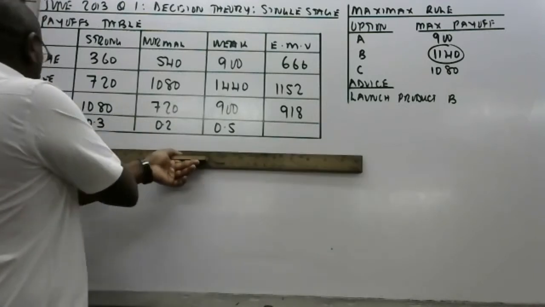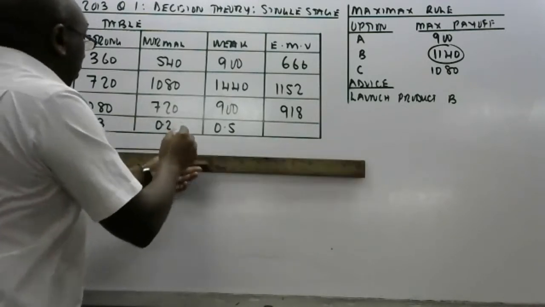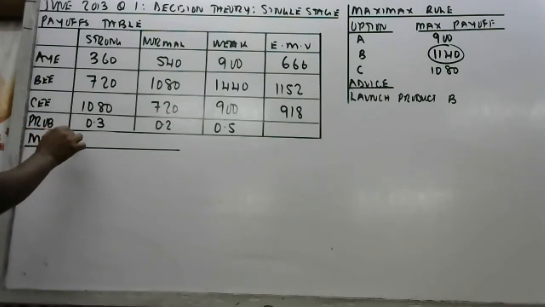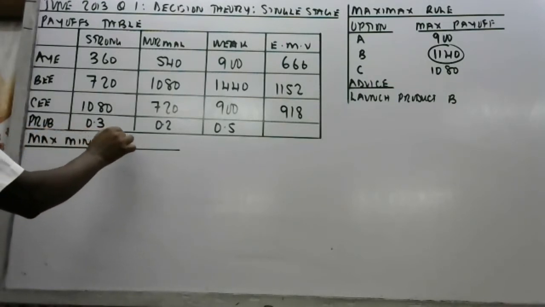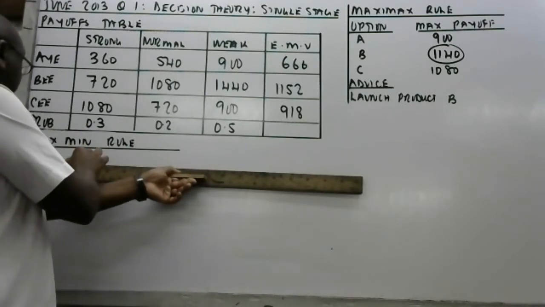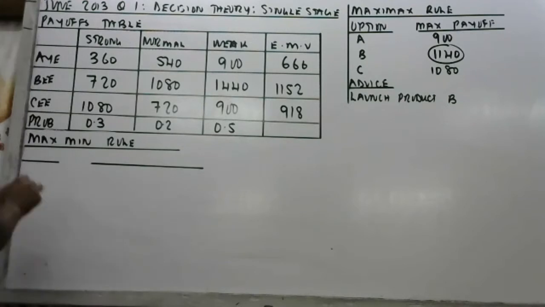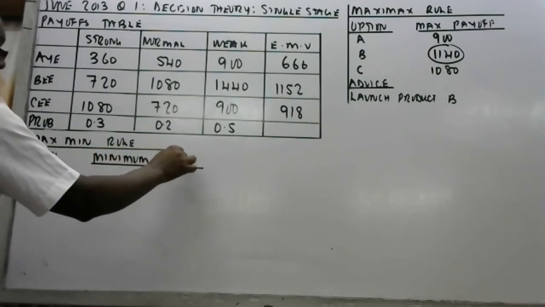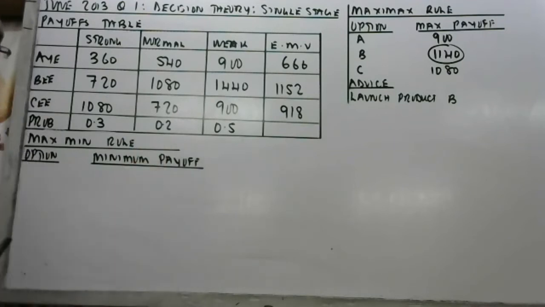The next rule is called the Maximin rule. So this rule requires you take the option here and then you extract the minimum payoff.